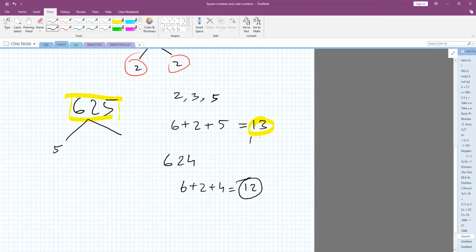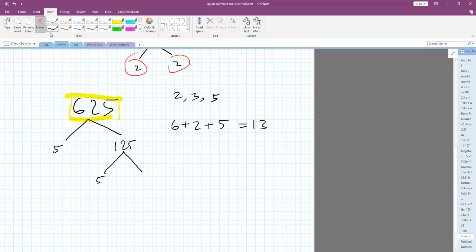Now let's continue further. Can we divide 125 by the same prime number, 5? We keep doing division by the same number if it's still possible. So what is 125 divided by 5? 25. Can we still divide this by 5? Yes, that gives 5.